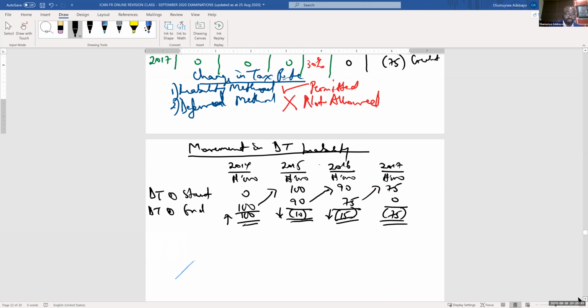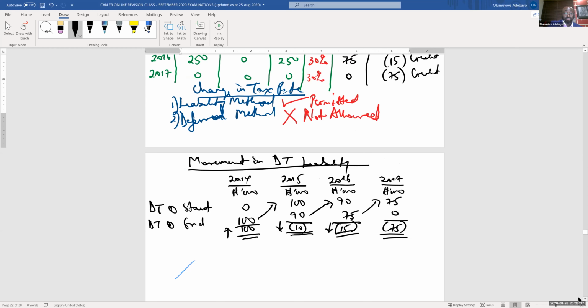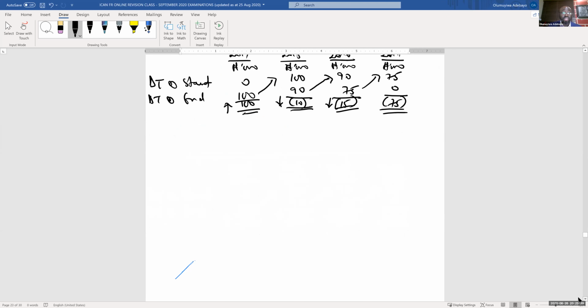Invariably, we can show what our income tax is.